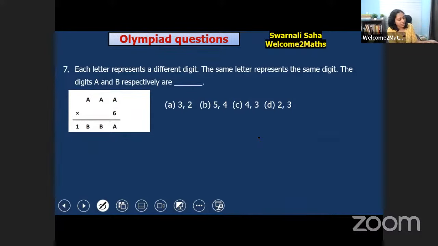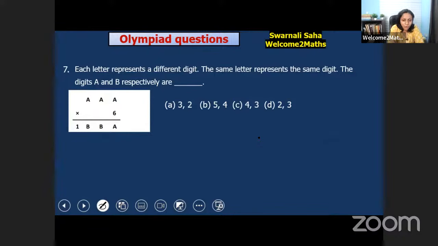A into 6, and the answer would be A, B, B, A. So try to solve this.